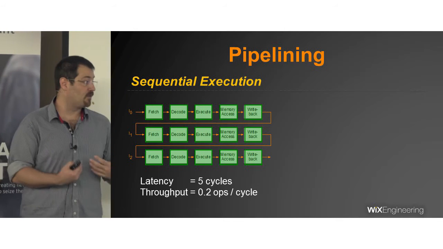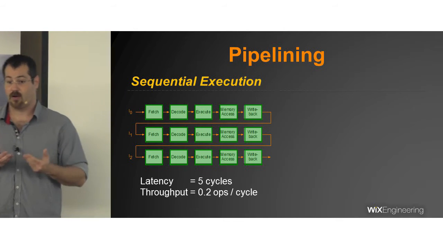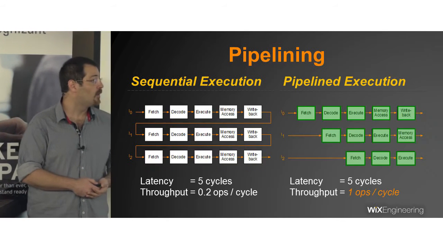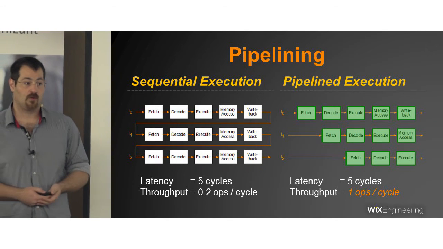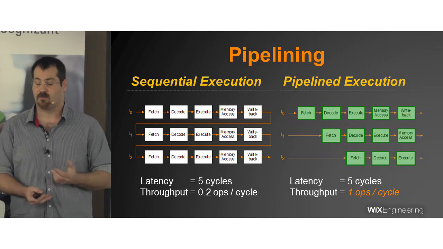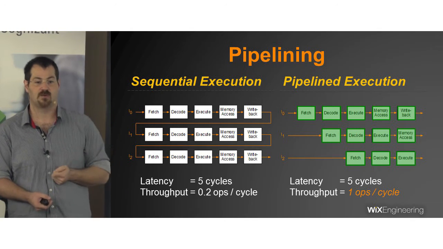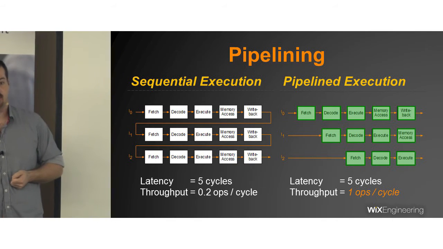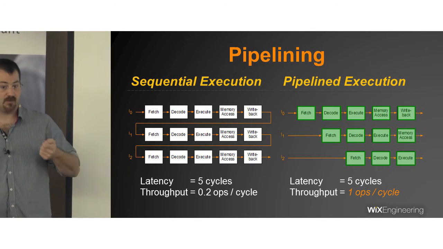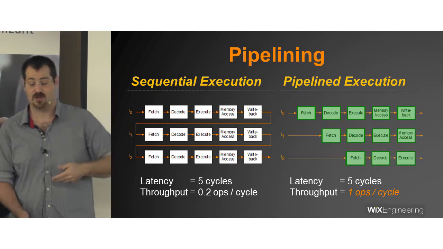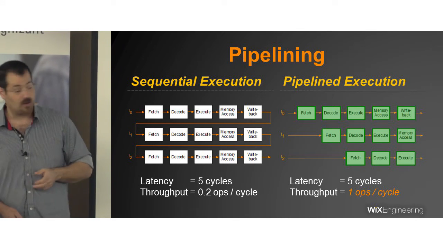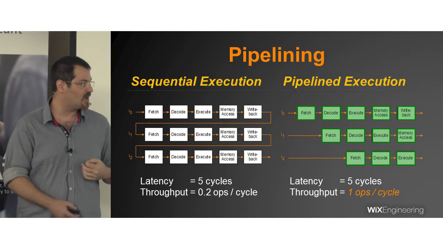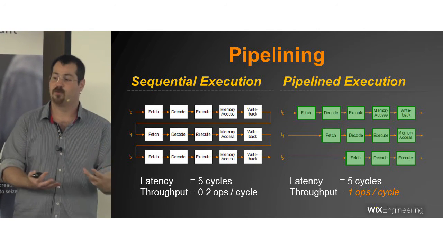One very simple optimization you could do as engineers on top of this would be to pipeline it, right? So maybe we can do some of these things in parallel. Maybe we can fetch the next instruction while the earlier one is being decoded. Maybe we can execute an instruction while the next instruction is being fetched. So you have this parallel process where it doesn't actually improve latency.